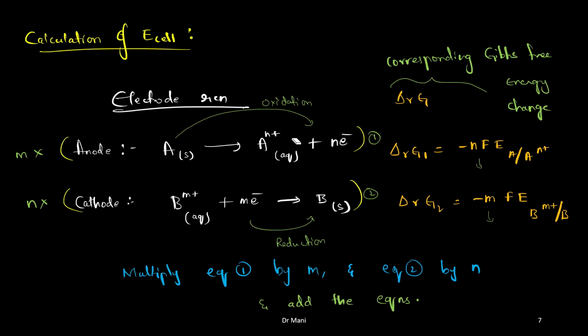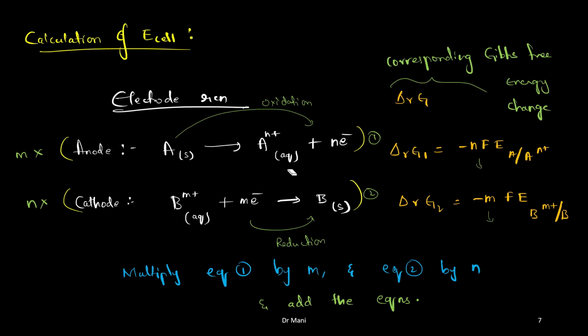But if I want to find the overall cell potential, the number of electrons here and here should be equal. To balance, the number of electrons released at the anode, I am multiplying for the cathode, and the number of electrons released at the cathode, I am multiplying with the anode. Then I finally add everything so that I get the overall cell potential.